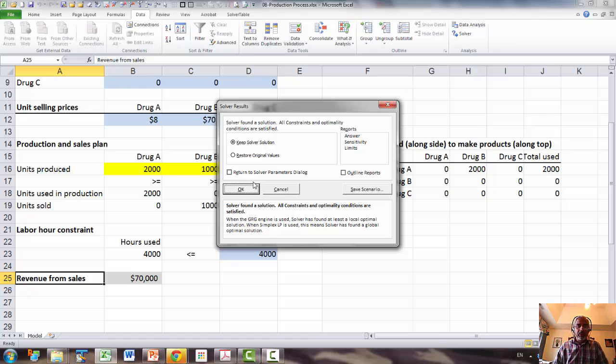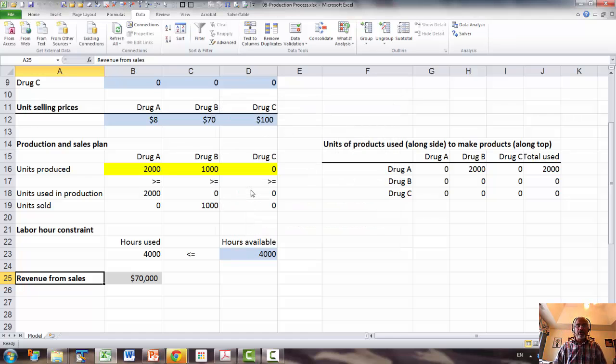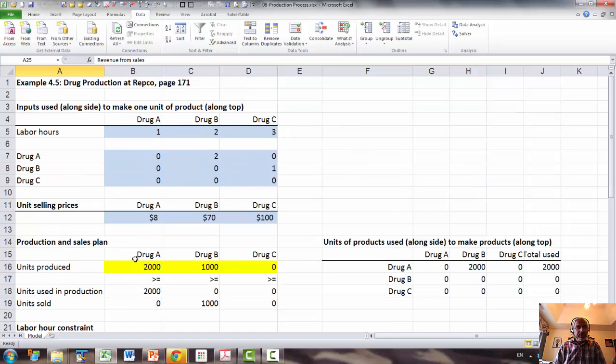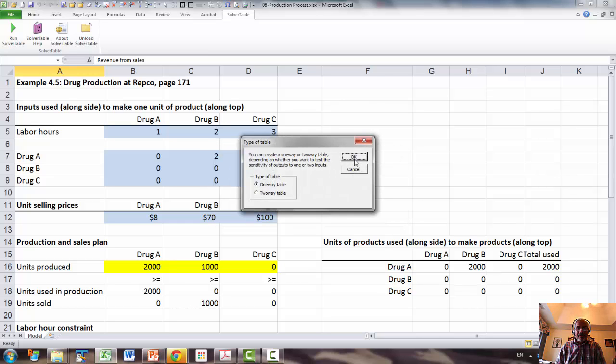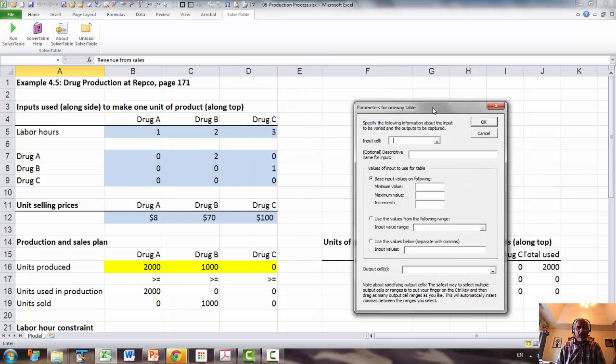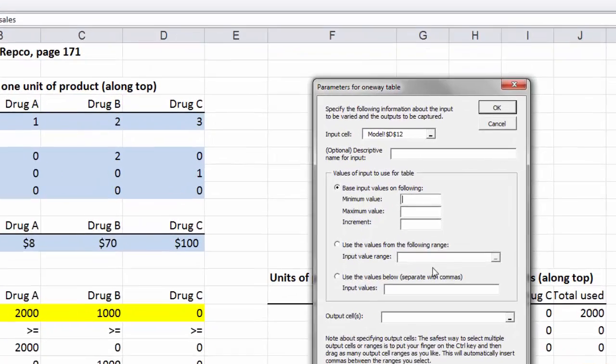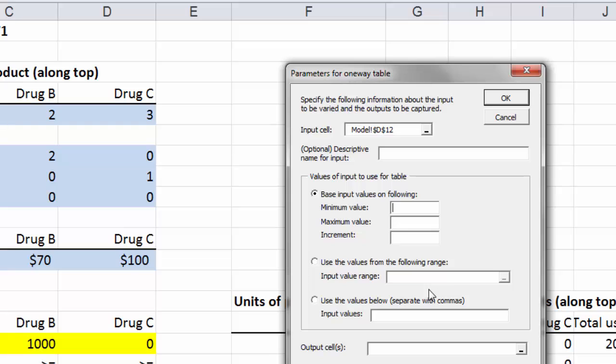Now once you have the answer, then we can do sensitivity analysis. And the sensitivity analysis we want to do here is for the selling price of drug C. So go to solver table, and we want the input cell to be the selling price of drug C, and right now it is 100.